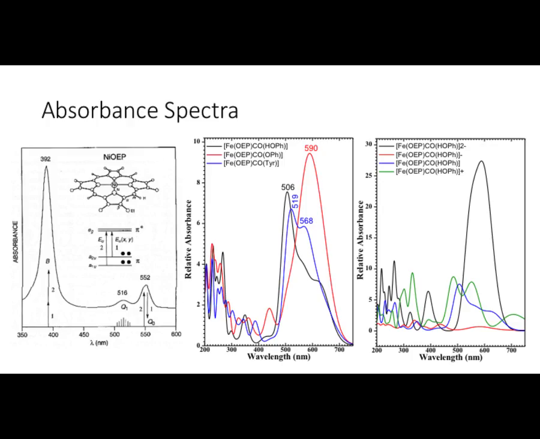So in your middle figure here, the Q band changes upon modification of the ligand. How would you interpret it from the analysis of ligand strength? Does it match your intuitive expectations?